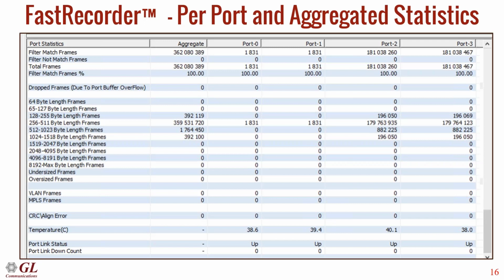For example, how many frames fall into the range of 128 to 255 byte length. And if there are any errors that were captured, CRC or align errors, those are all displayed here. You can also monitor the port link status, as well as the temperature of the SFP that's being used. Let's go to the next slide.